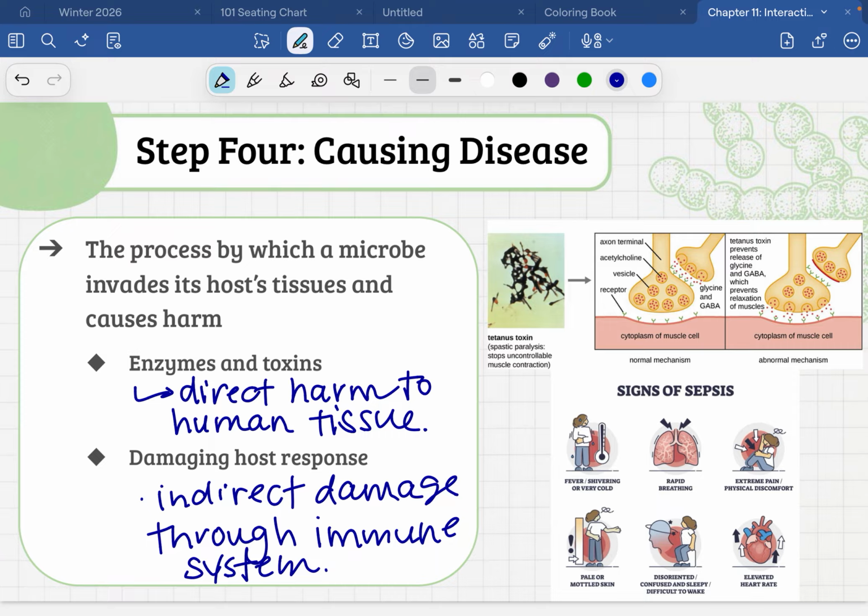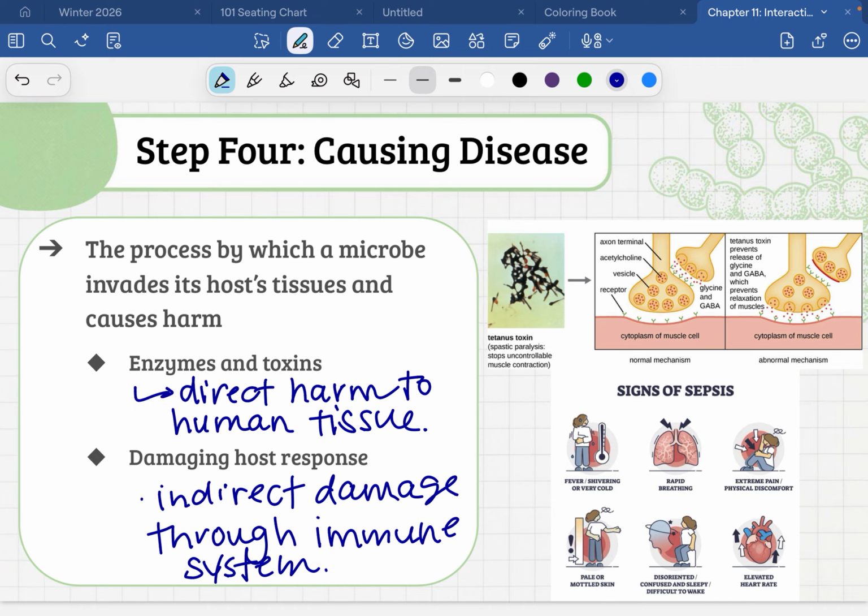That bacteria or virus isn't doing anything to make your body heat up. The fever is caused because your body is trying to heat up to get rid of whatever's infecting you. Okay? So that sign, that symptom that you're having, the thing that makes you feel like garbage, is actually your own immune system.